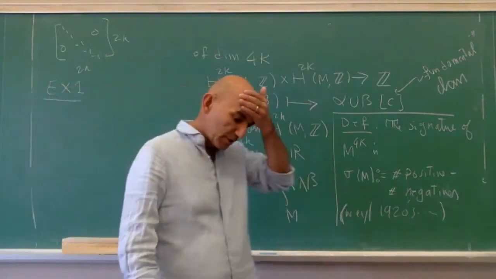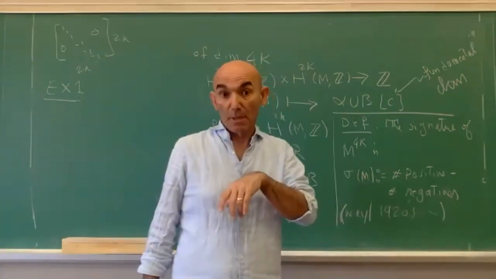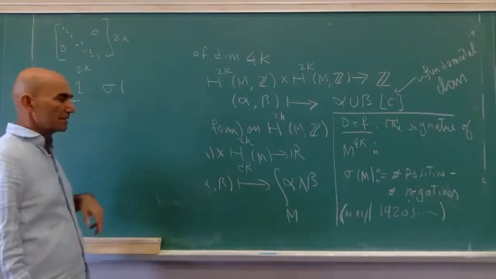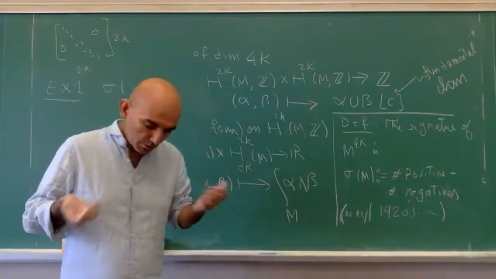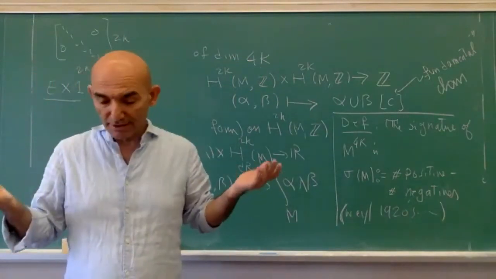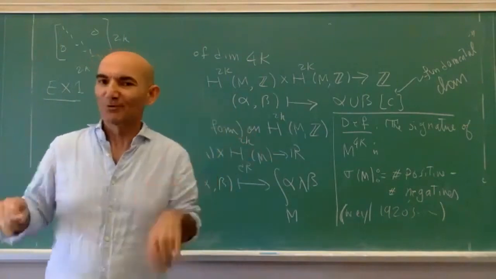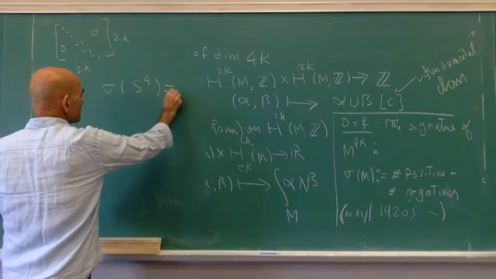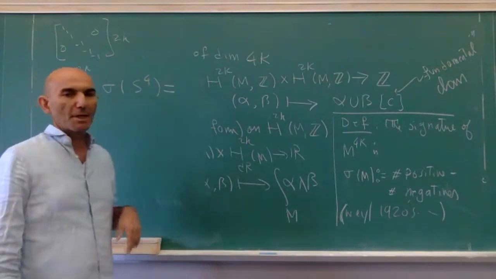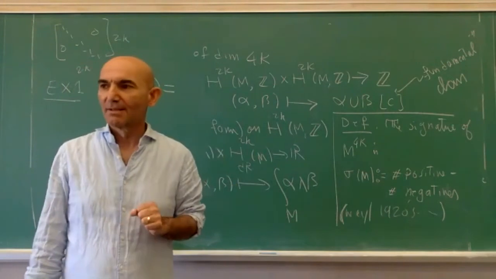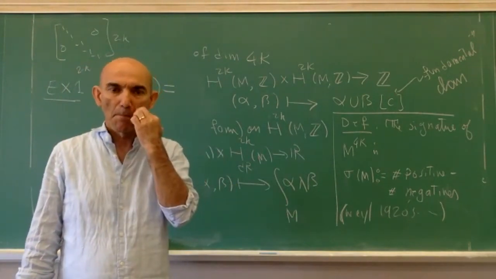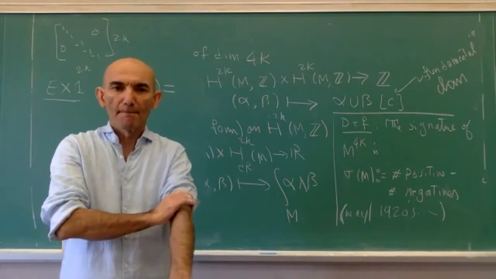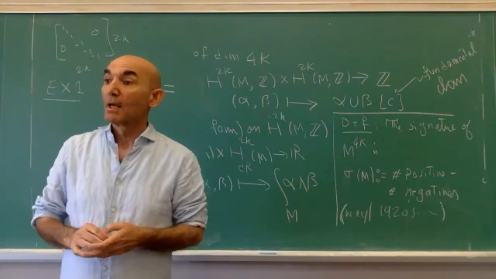So the question is, what is the signature of S4, for example? S4 is the simplest oriented closed four-manifold I can think of. So what is the signature of S4? Can you guess? It's 0.